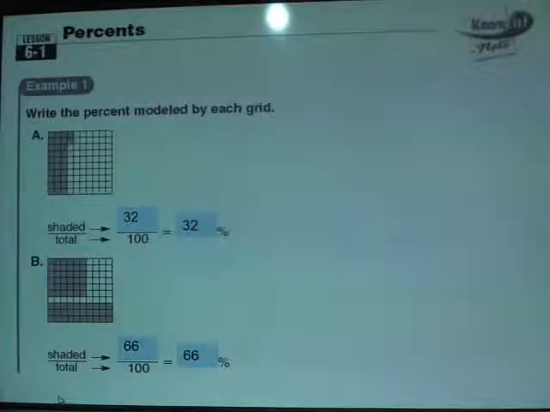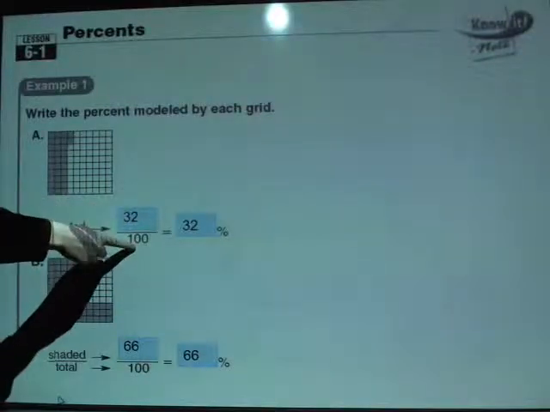And each grid box set has a column or a row, either way you look at it, it's the same, consisting of 10. So in the A question there, you have 3 full rows here, or 3 full columns. Well, there's 10 each of those, so that's 30. And then 2 more there gets you to 32. So fractionally, this is 32 over 100.